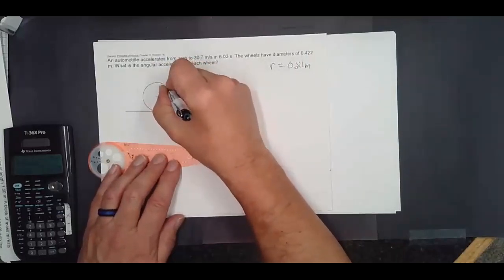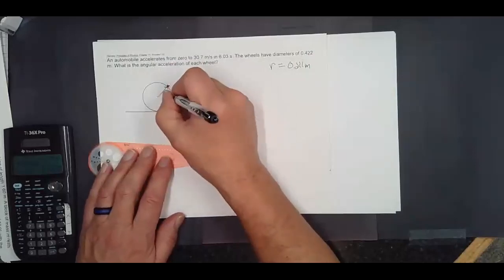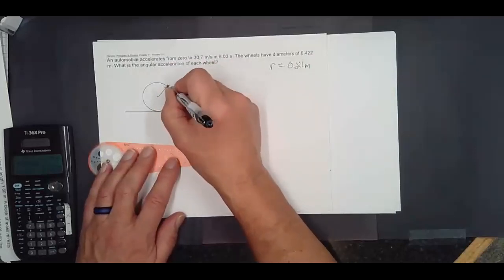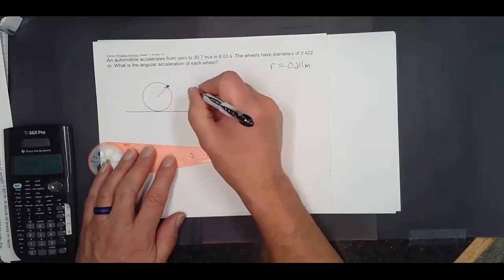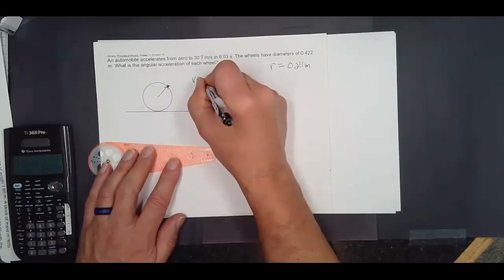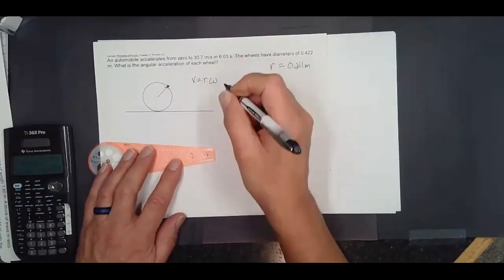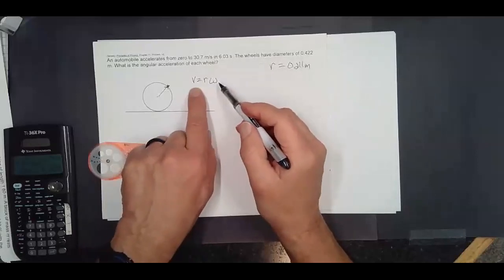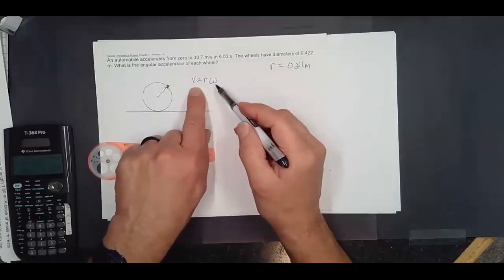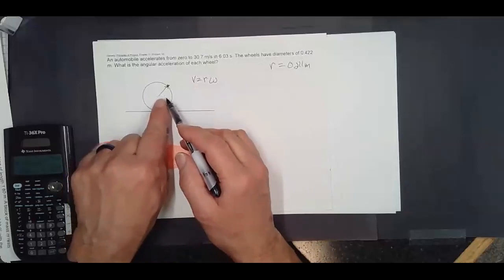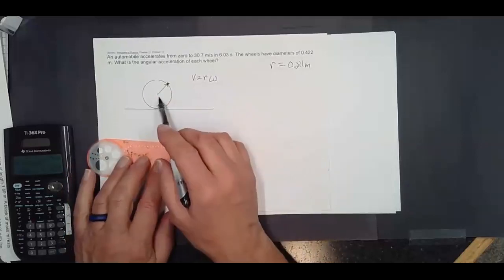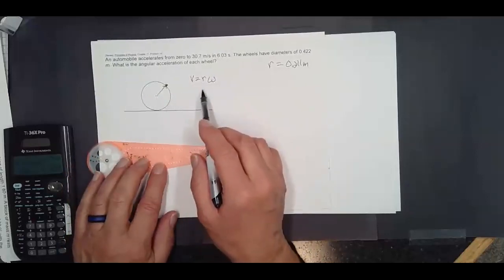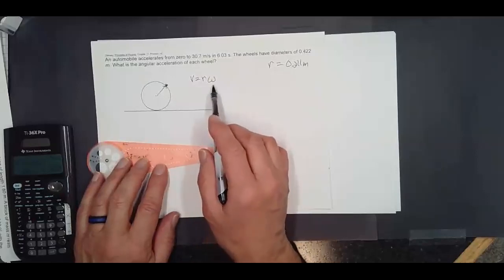For a point out here on the rim of the wheel, the instantaneous velocity v is equal to r omega, but it turns out this is the same relation that exists between the speed of the center of mass, the center of the wheel, and the angular velocity.